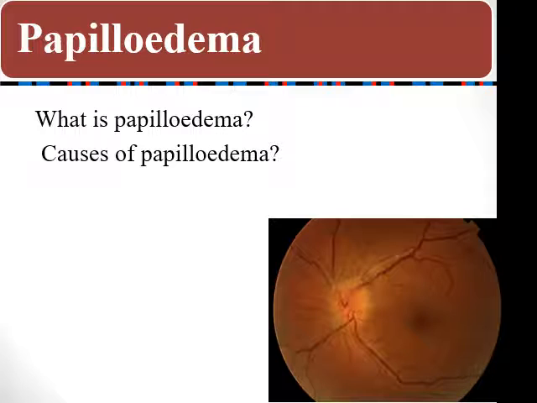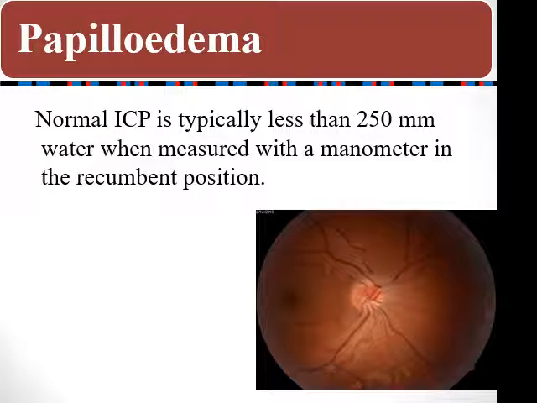Obstruction of the ventricular system is another cause of raised intracranial pressure, or impairment of CSF absorption, as in cases of meningitis, cerebral venous sinus thrombosis, and cerebral edema from blunt head trauma. Normal intracranial pressure is typically less than 250 millimeters of water when measured in the recumbent position.